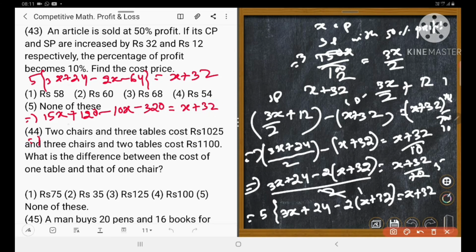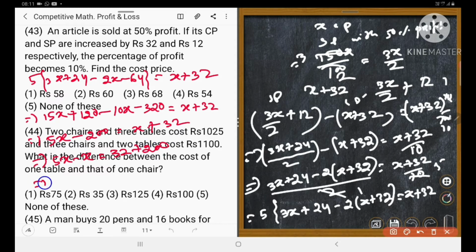Implies that 5x minus 200 is equal to x plus 32. Implies that 5x minus x is equal to 32 plus 200.